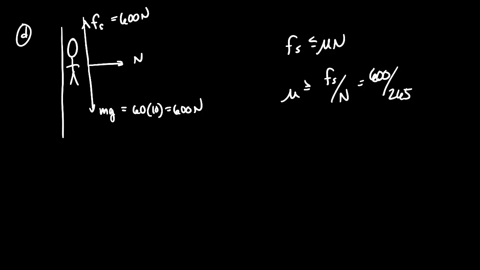I see a problem. Do you see a problem? Mu has to be greater than or equal to 2.2. Do you see a problem with this coefficient of friction? Yeah. It's greater than 1.